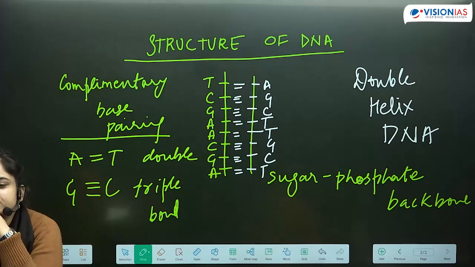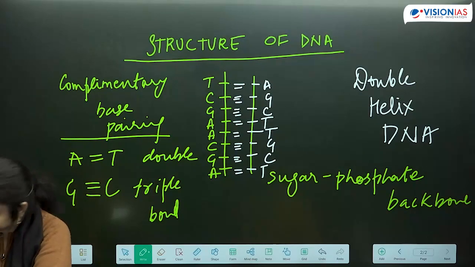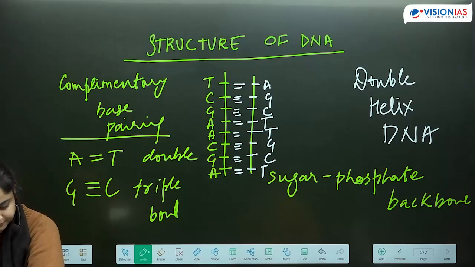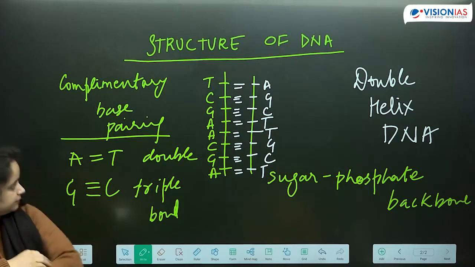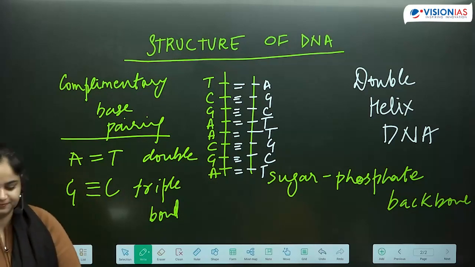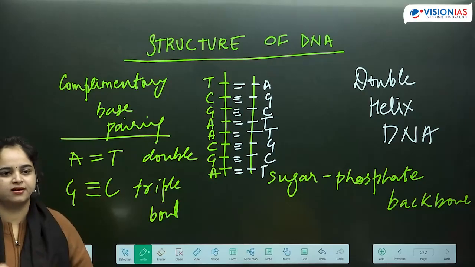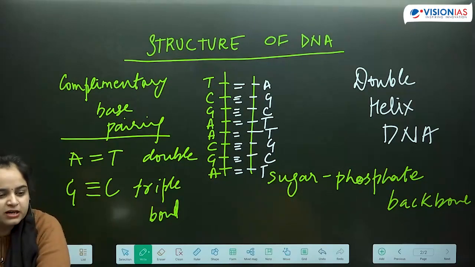Adenine joins to thymine through a double bond, and guanine joins to cytosine through a triple bond.